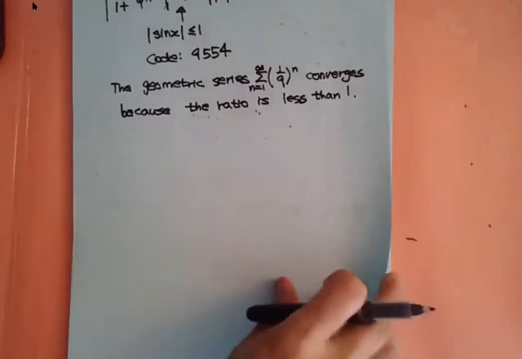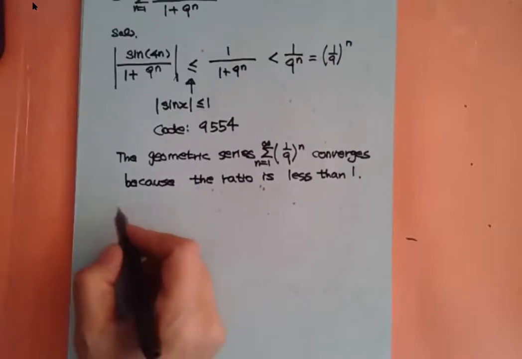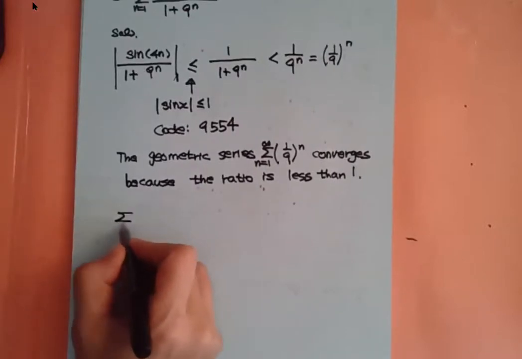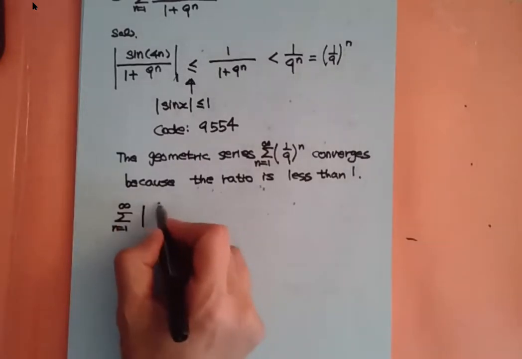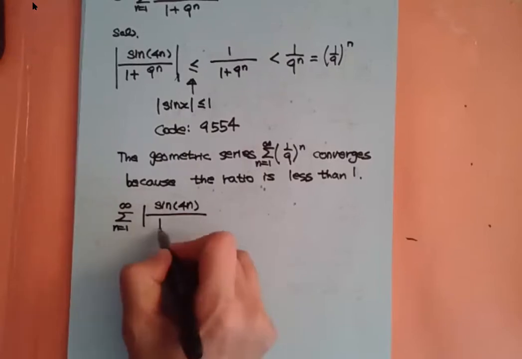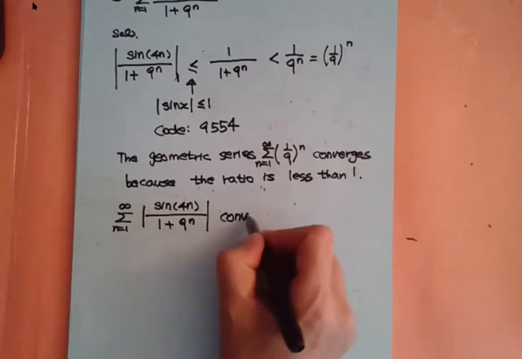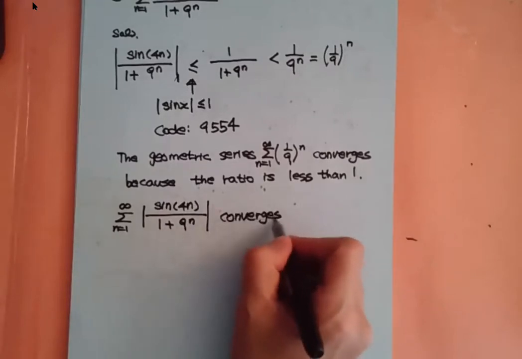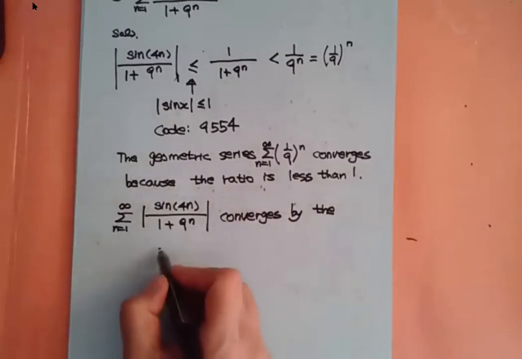So what we are applying is the comparison test. The given series, the summation from n equals 1 to infinity of the absolute value of sine of 4n over 1 plus 9 to the n power, converges by the comparison test.